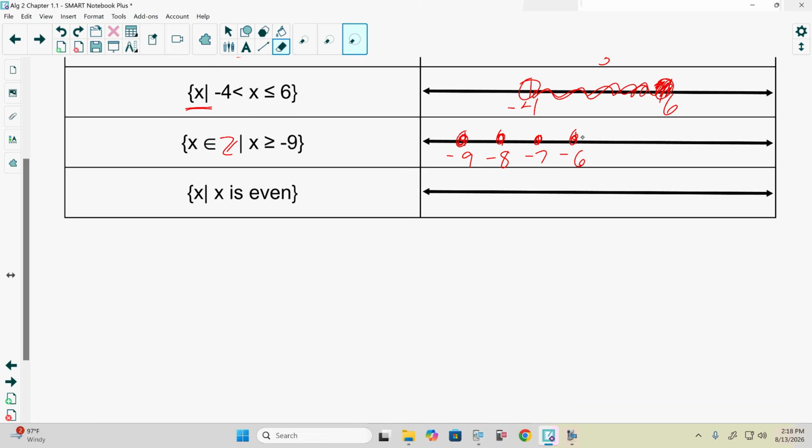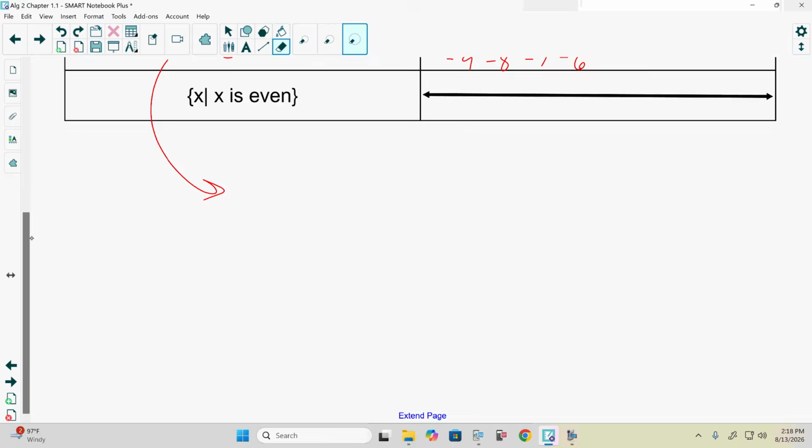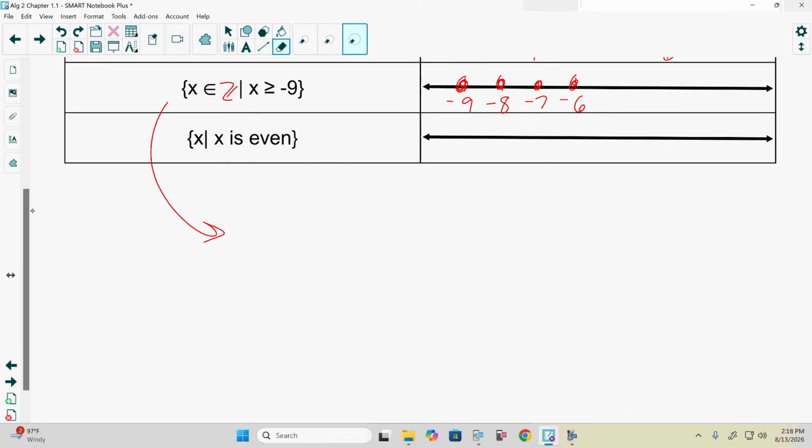Does this kind of make sense? This is not the only way to write this, especially if we go by the textbook. Textbooks are just a resource. I disagree with them sometimes. The way that the textbook says we can write this, and it's not wrong, I just think it's a little more tedious.